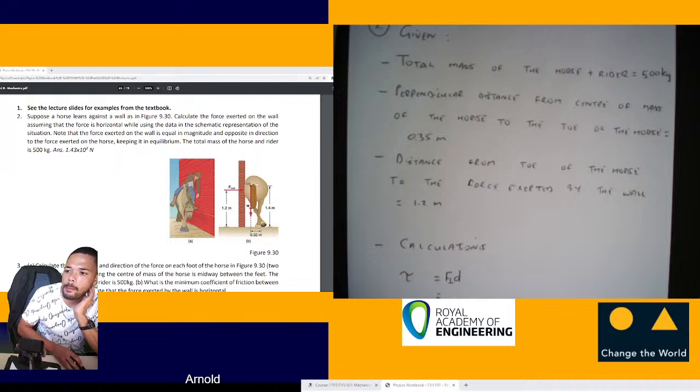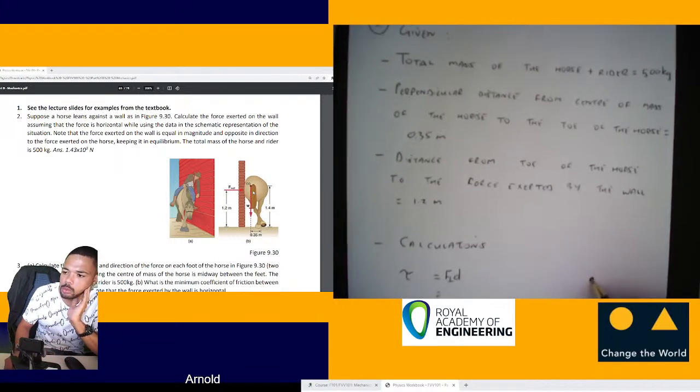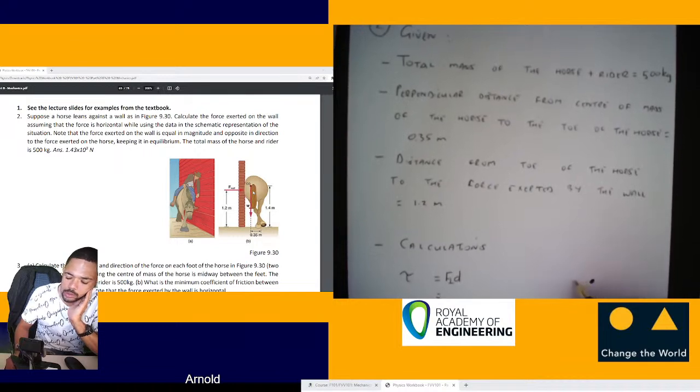The distance from there to where its center of mass is 0.35. Okay, so let me draw it this way. This is the pivot, this is the horse's toe, this is the distance.